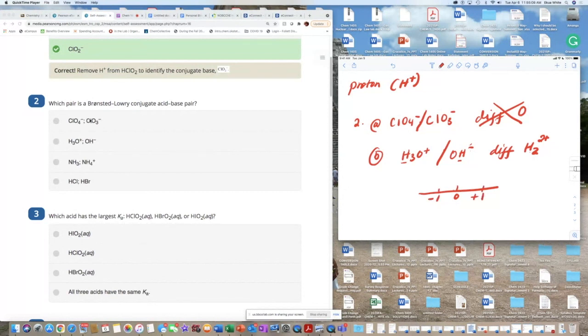Essentially, we're going from +1 to -1. Wait, sorry, we're going the other way around. From this to this, you're losing 1. So I'm going from the right to the left.